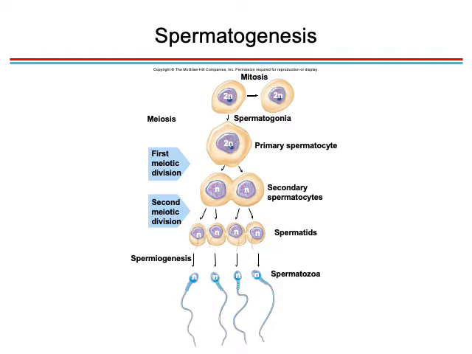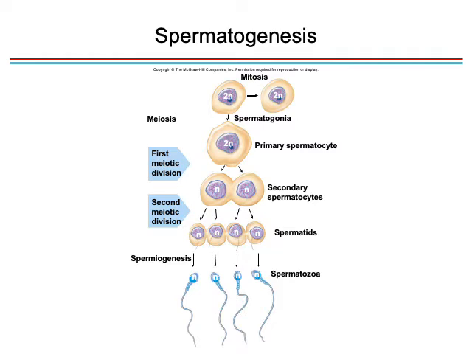They first form the primary spermatocyte, which undergoes the first meiotic division to form secondary spermatocytes. Each one of those then goes through the meiotic division once again to form spermatids, which mature to form sperm.